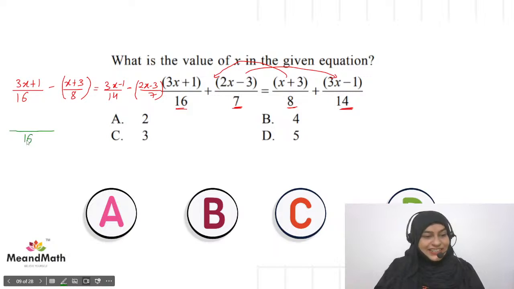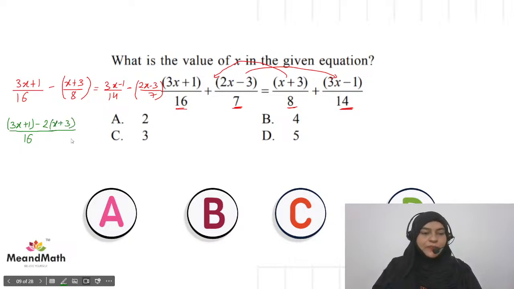No, we will get 16 because 16 is a multiple of 8. Now, it will be 3x plus 1. I am slowly solving it, right? So that you can solve it with me. Now, 8 times 2. So it will be 2 times (x plus 3). This is our left hand side.